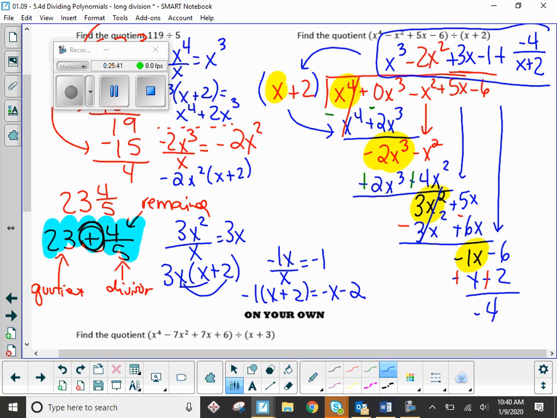It's 100 if it's perfect. It's a 95 if your process was correct, but you made math mistakes and it messed up your answer. And then it's a 90 if you tried. Now, if you hand me in some trash, you're not going to get a 90. So you have to actually try it. I'll handle the trash cases on a case-by-case basis. So, begin.